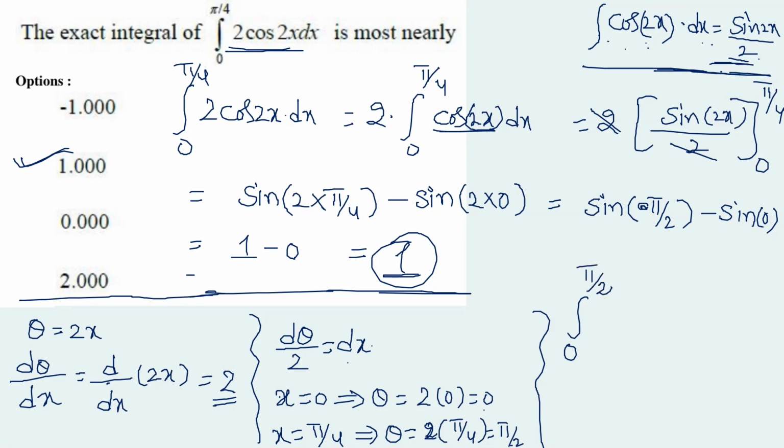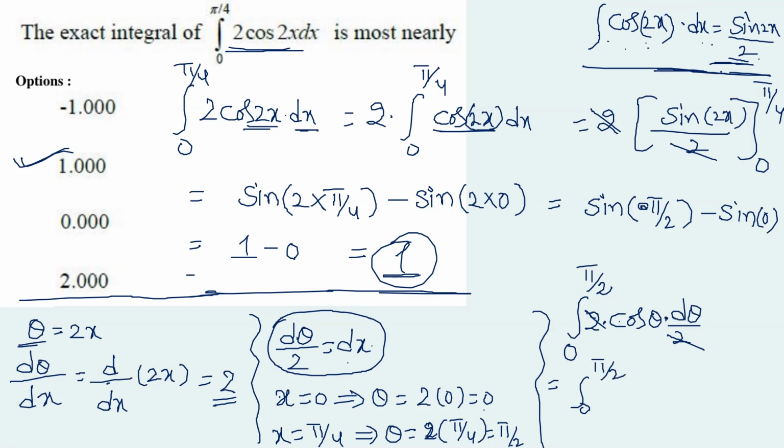This 2 remains the same, and 2x is equal to theta, so cos theta, and dx is equal to d theta by 2. Substituting that, d theta by 2, here the 2 and 2 get cancelled. Finally we will have integral 0 to pi by 2 of cos theta times d theta.